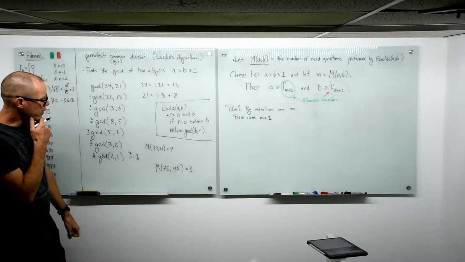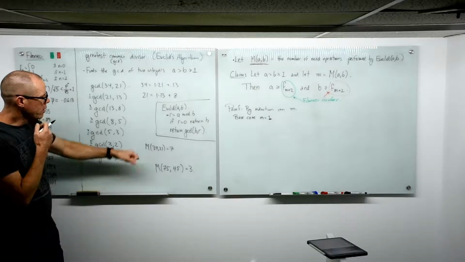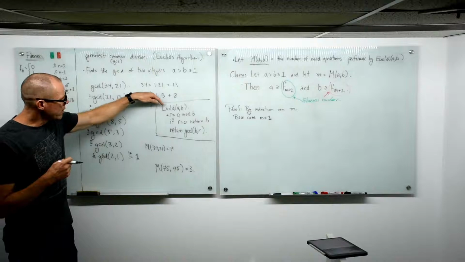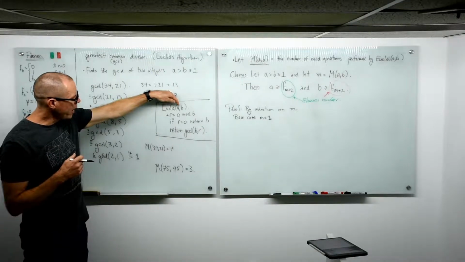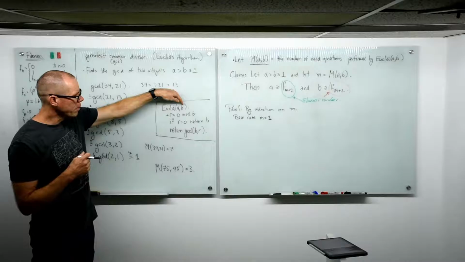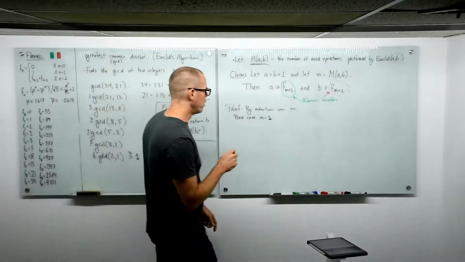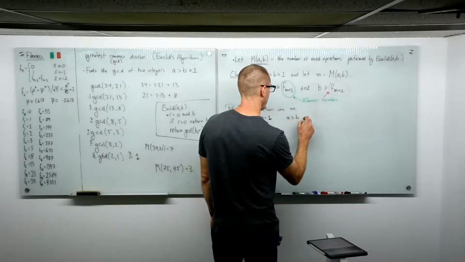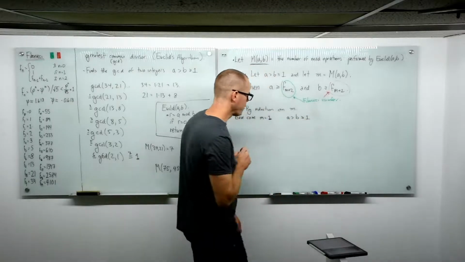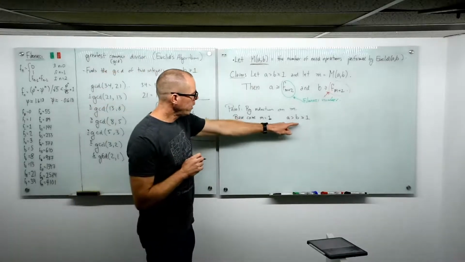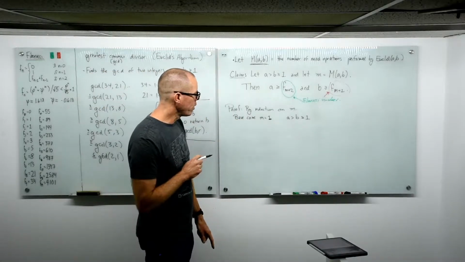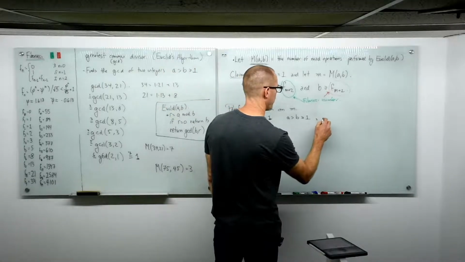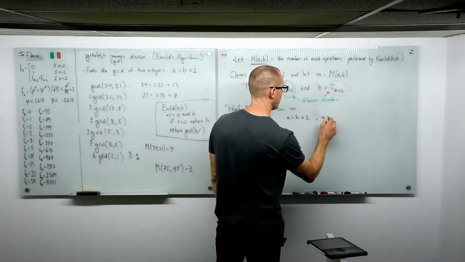All right, but then there's not too much to do. So if m equals 1, all we know is that we required that a was bigger than b and b was bigger than or equal to 1. So we get a is bigger than b, which is bigger than or equal to 1. So if a is bigger than b, and b is bigger than or equal to 1, that means a is bigger than or equal to 2.